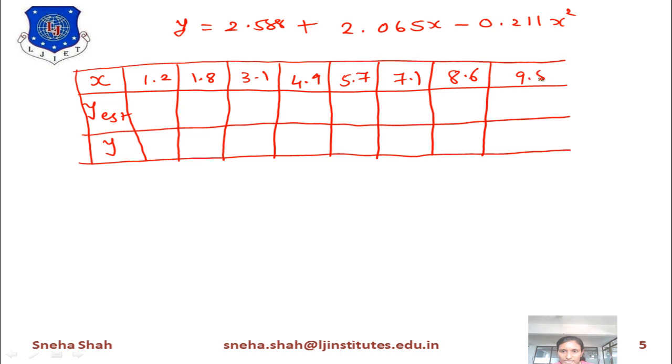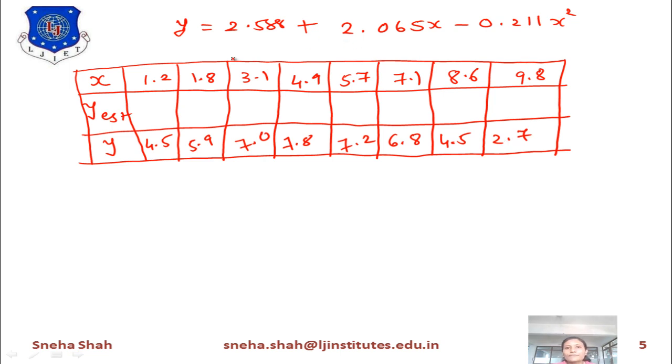The last one is 9.8. So for these values of x, y is already given to you like 4.5, 5.9, 7.0, 7.8, 7.2, 6.8, 4.5 and 2.7, right?